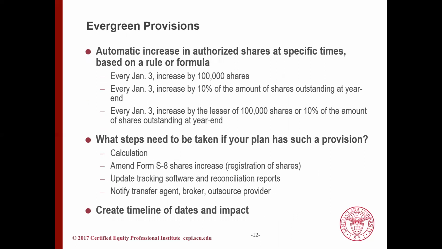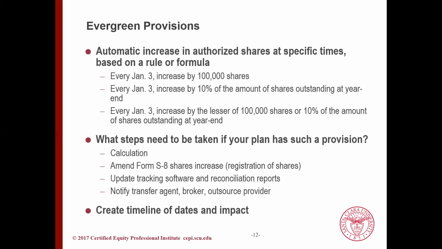One of the provisions that can be built into a plan, and I will say that shareholders and institutional voting organizations do not like, they're not real fans of, are evergreen provisions. An evergreen provision allows you to automatically increase the number of shares allocated and authorized for issuance under the plan on an annual basis.